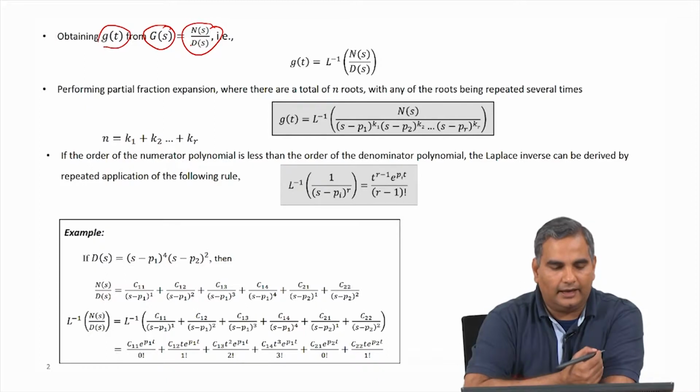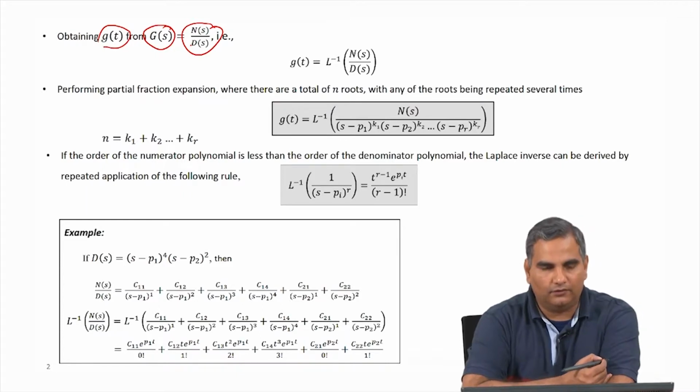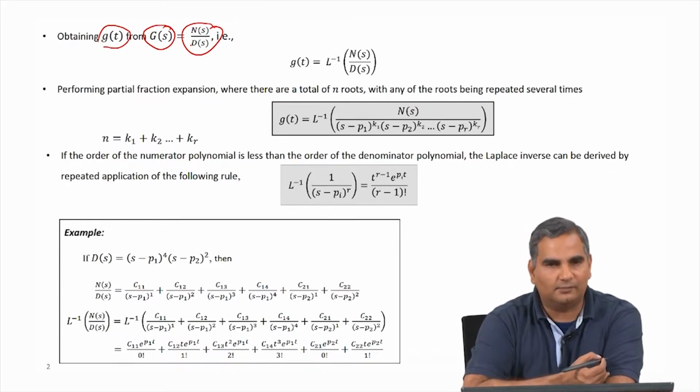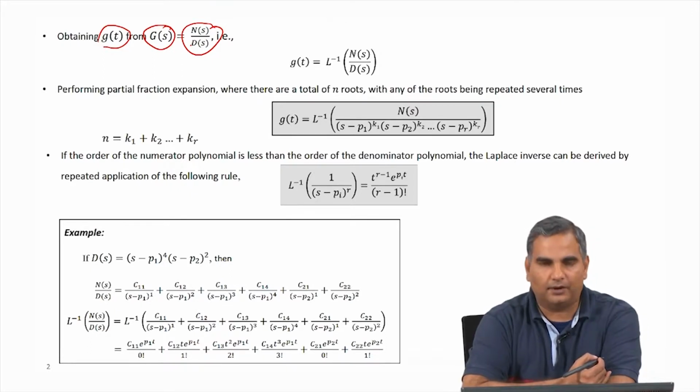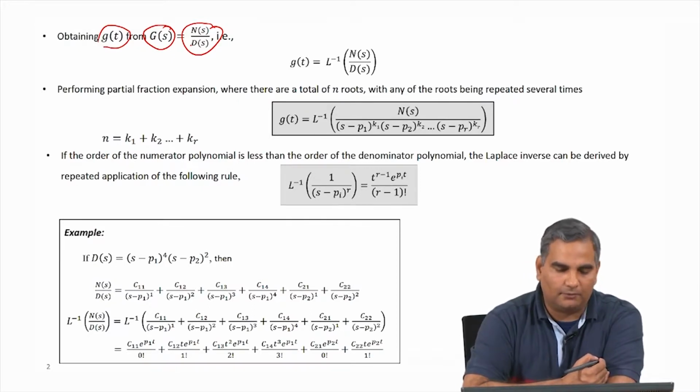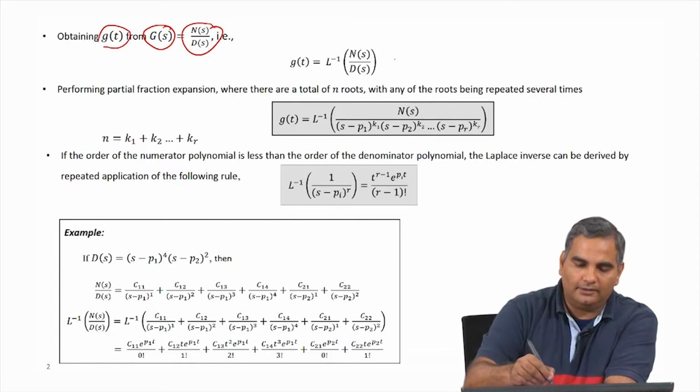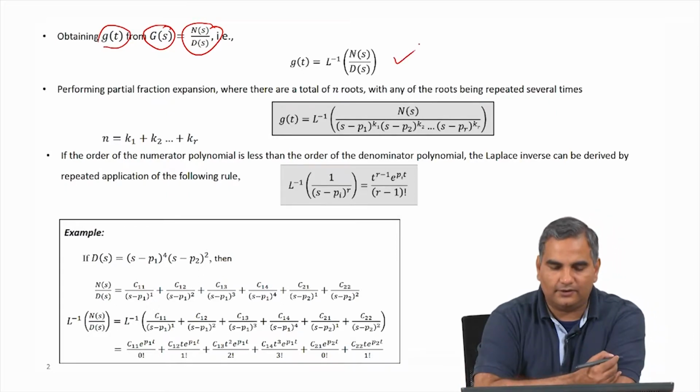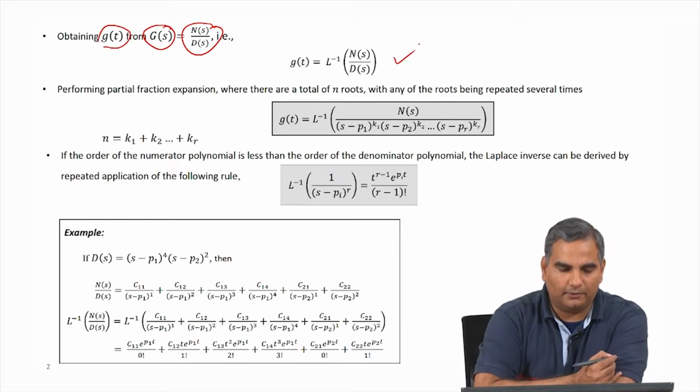So, as long as the denominator polynomial is of a greater order than the numerator polynomial, we are looking at coming up with one general method using which we can do this inversion. Once we know how to do this inversion, we do not have to really worry about what the actual forms are. We can always get a solution in time domain. So, ultimately we are looking at getting a g of t, which is Laplace inverse a numerator by denominator.